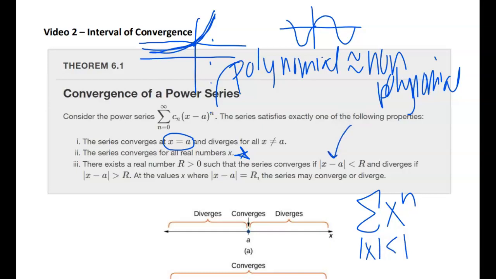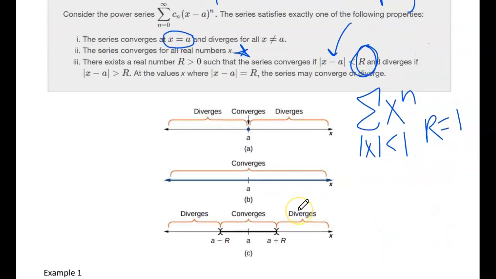So just to give you some context, that means my radius of convergence, what we call r, must be 1, and my interval of convergence, if you look down here on our diagram, must be between -1 and 1. And that's how the inequality works. It also means that you can take the center and add and subtract your radius, and that's how you're going to find your interval of convergence.